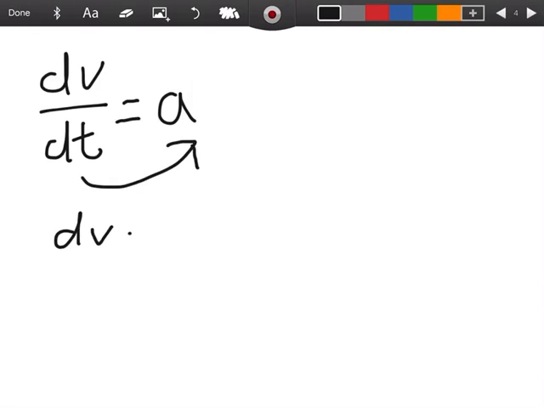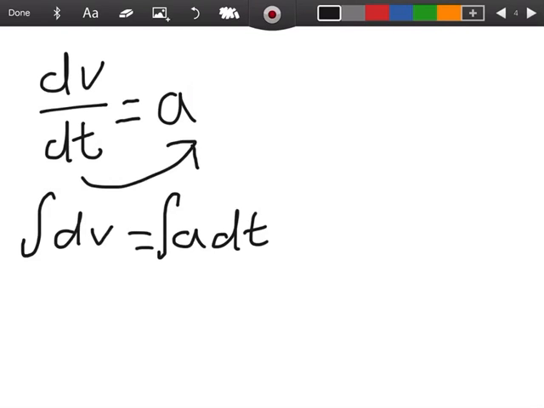So that becomes dv equals a dt. Now this is a bit of a fun concept here, splitting apart the Leibniz notation. Okay, you haven't done this in maths before. Just go with me. Okay. Now we're going to take the integral of both sides. Right. Not so bad if it's step by step.